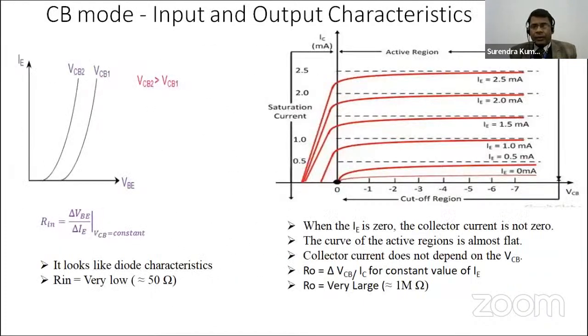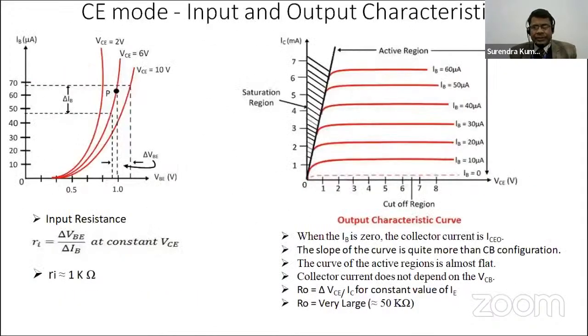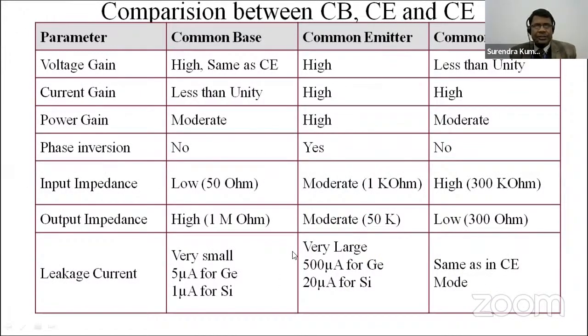Now, let us compare all these three important configurations of transistor. These are the points on the basis of which we can make a valuable difference between these three configurations. Parameters, voltage gain. In case of common base configuration, the important thing is that the current gain is unity.